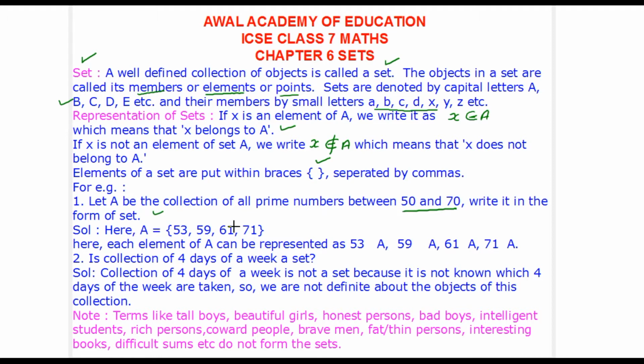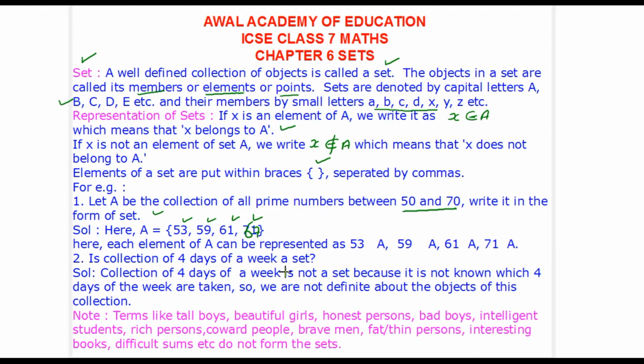We know that the prime numbers between 50 and 70 are 53, 59, 61 and, sorry, 71 is not there, 67 would be there, right?